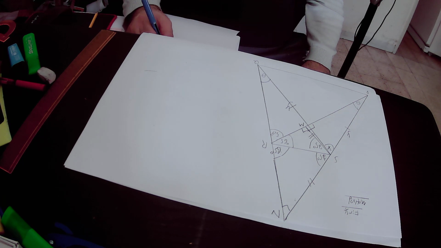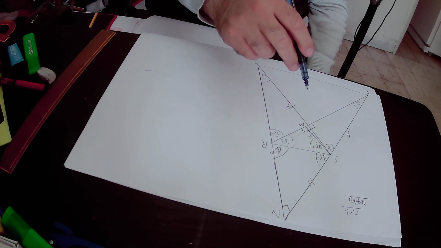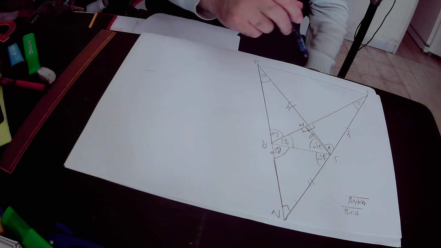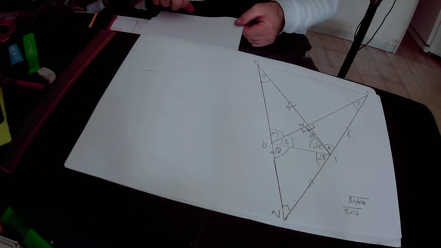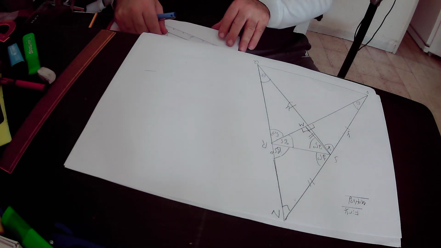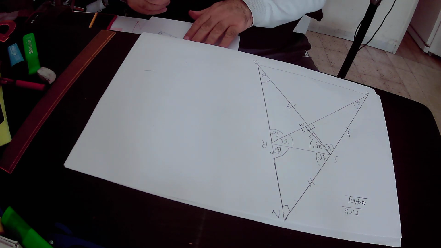Actually, we will have a circle that encloses the quadrilateral SRQP, and points S, R, P, and Q will be 4 points on the circle that I will draw.